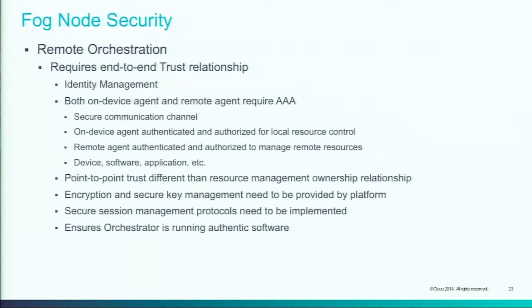Remote orchestration requires an end-to-end trust relationship. Identity management is important, both on the device agent, so there's going to be an agent that runs on the fog node, and there's going to be something that orchestrates from up in the network, probably a data center. AAA is important here, and a secure communication channel, so a VPN or something equivalent.